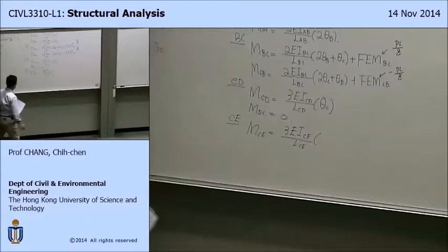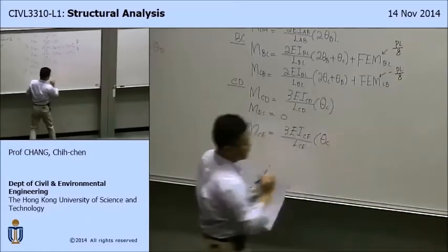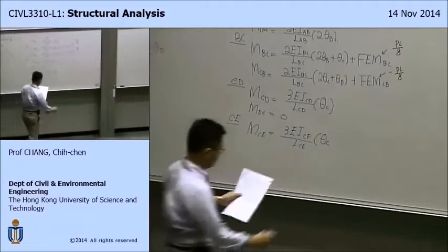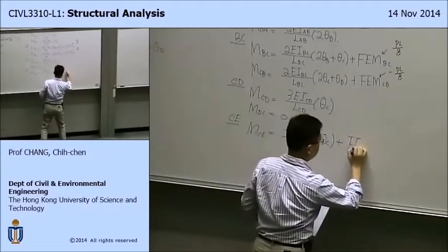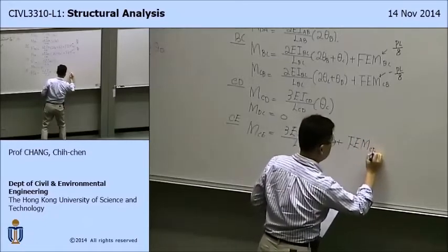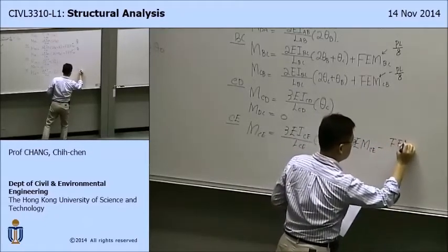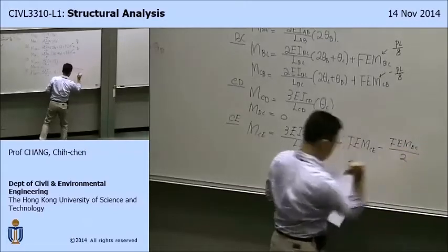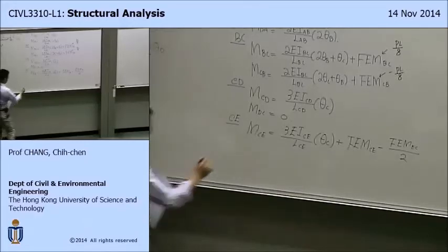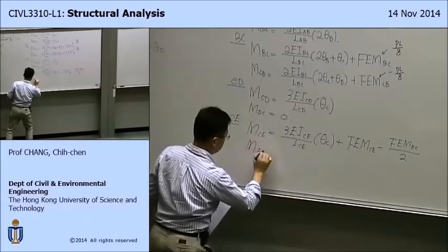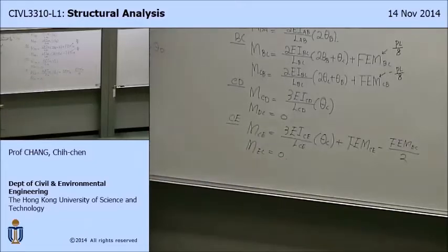So theta C, rigid body rotation equal to 0, but I do have fixed end moment due to loading. And then the other one is, of course, equal to 0. All right, so I just write out the slope deflection equation for each component.